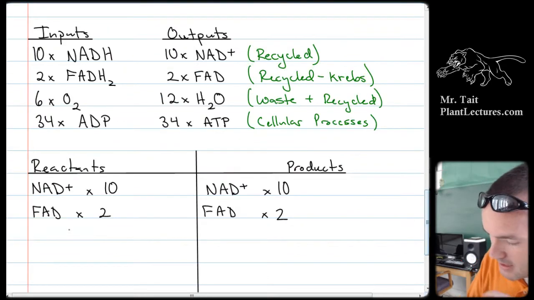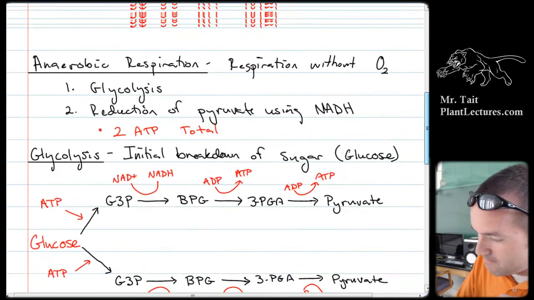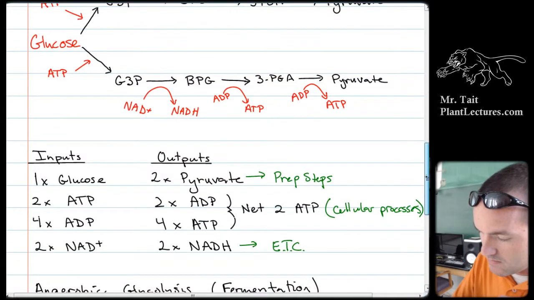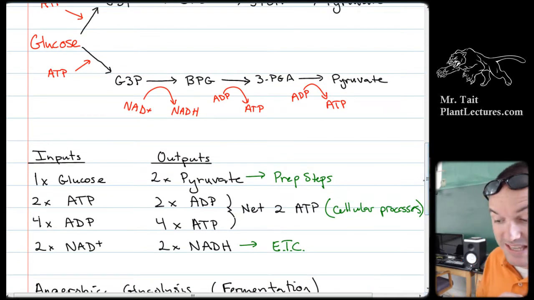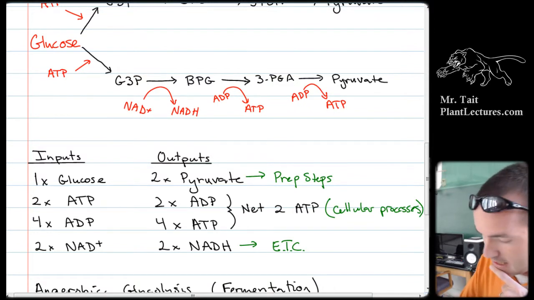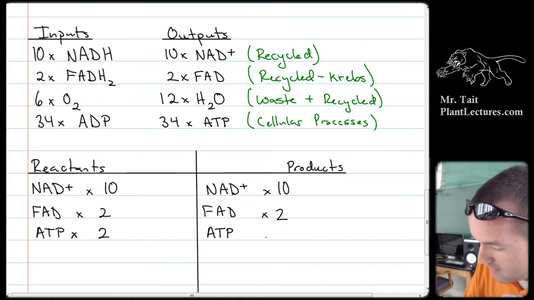Next, let's talk about ATP. Any ATP in the reactants? Glycolysis. So that means we're going to have 2 there. Okay, let's talk about how much ATP was made.